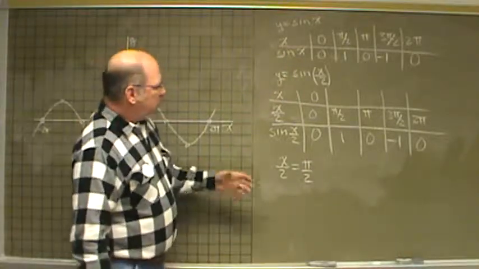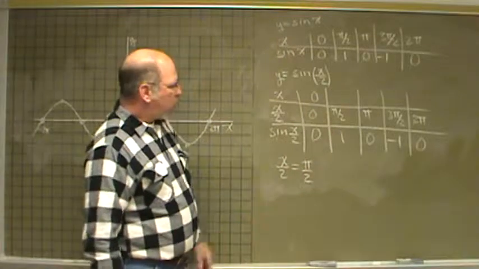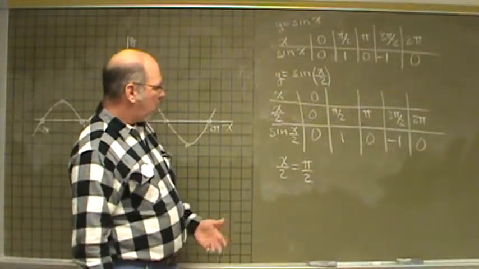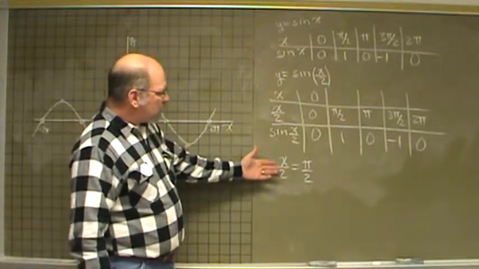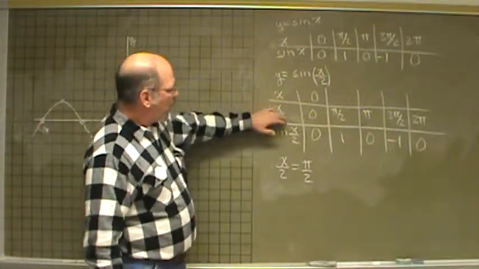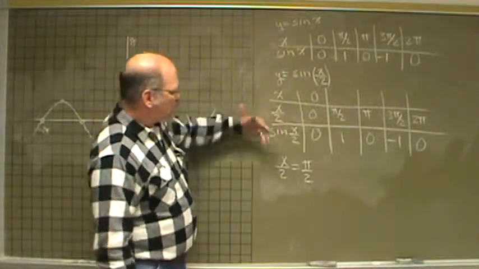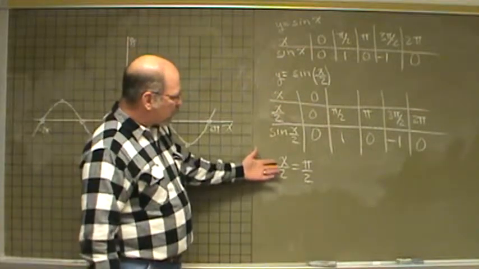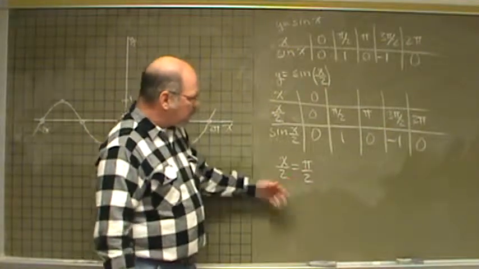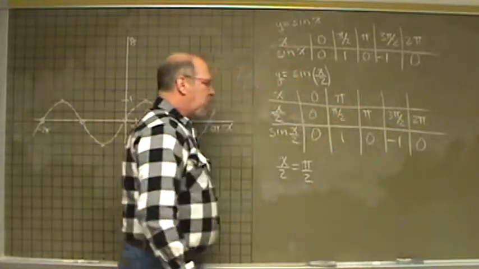The trick here is to find out what values of x correspond to those special values for the argument x over 2. It all comes out of this little equation: x over 2 equals pi over 2. You want this argument, x over 2, to be equal to pi over 2. So what value does x have to be? If you solve this equation for x, you multiply both sides by 2, and you'll see that x has to equal pi.